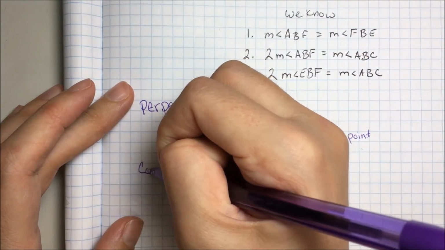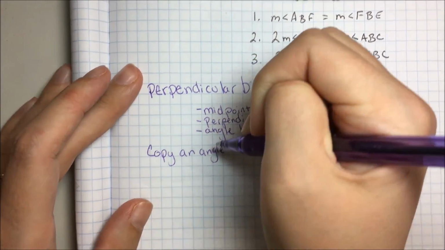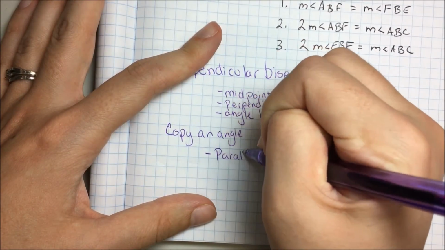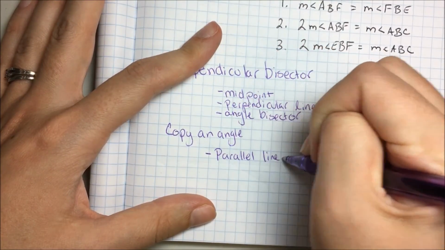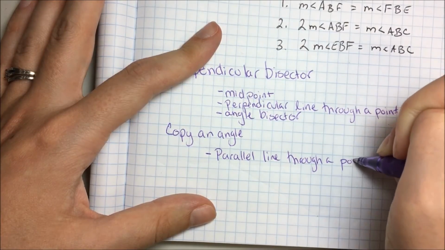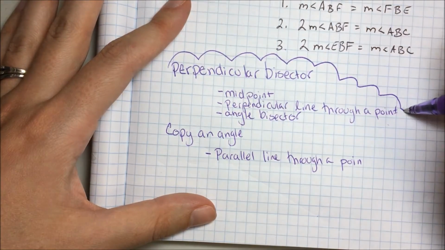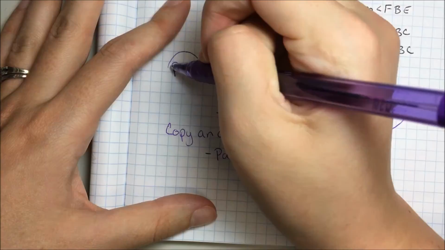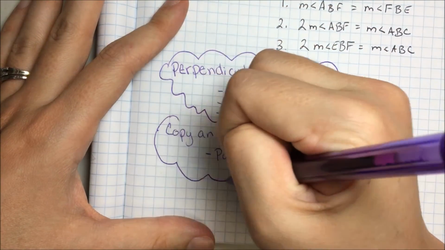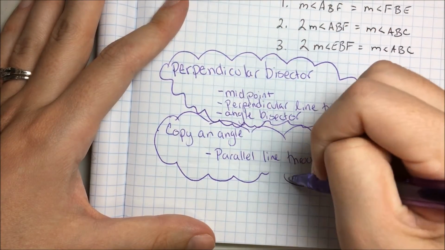By knowing how to copy an angle, we can do a parallel line through a point. And we'll be adding to this idea, but basically, if we can do perpendicular bisector, we can do these three other constructions. If we can copy an angle, we can do this other construction.